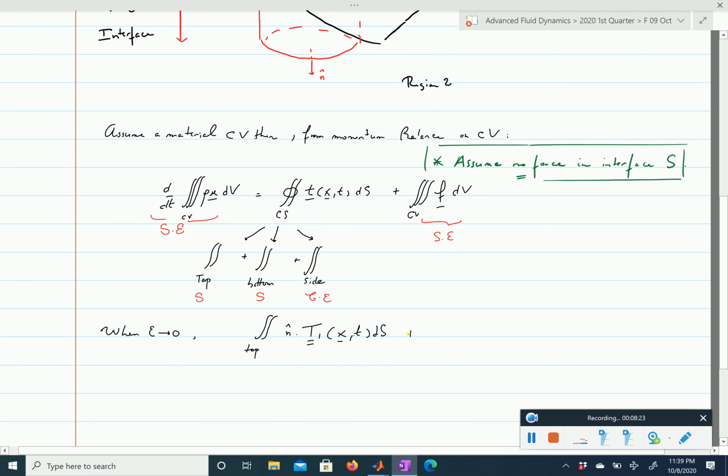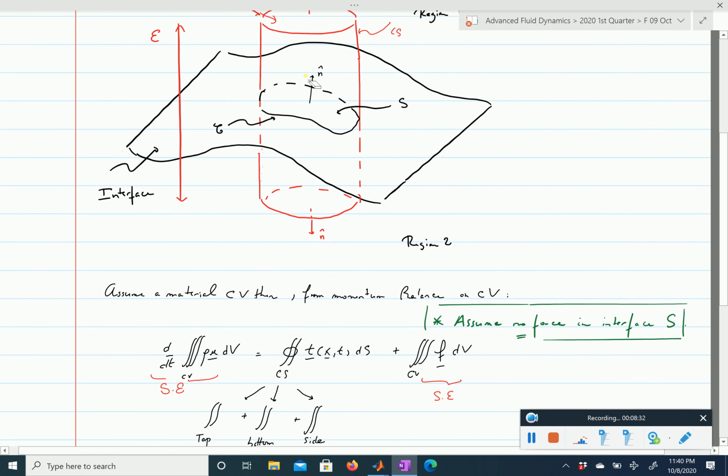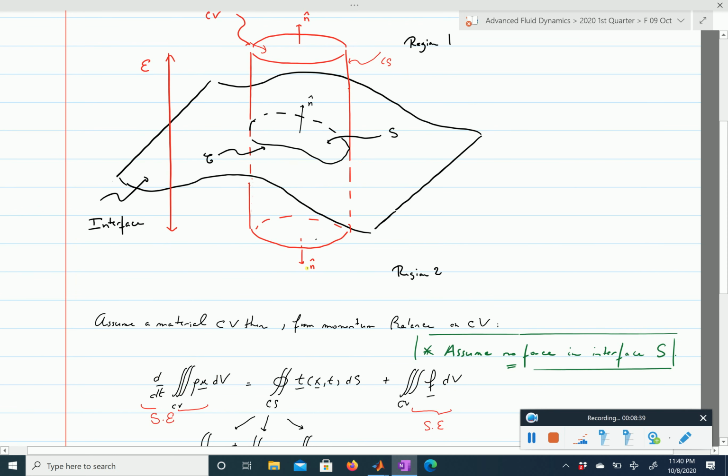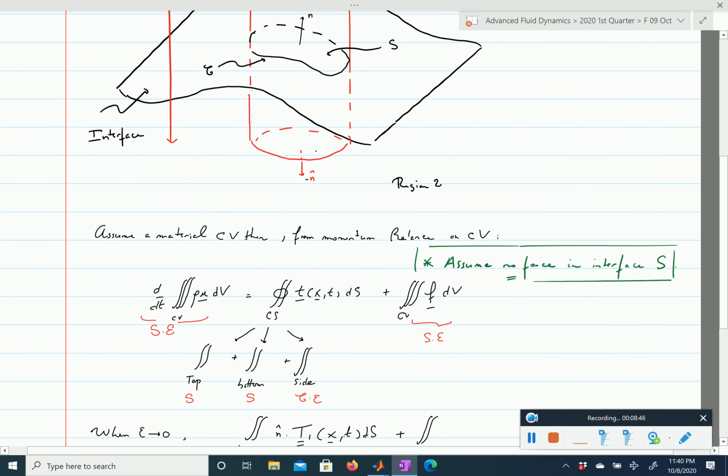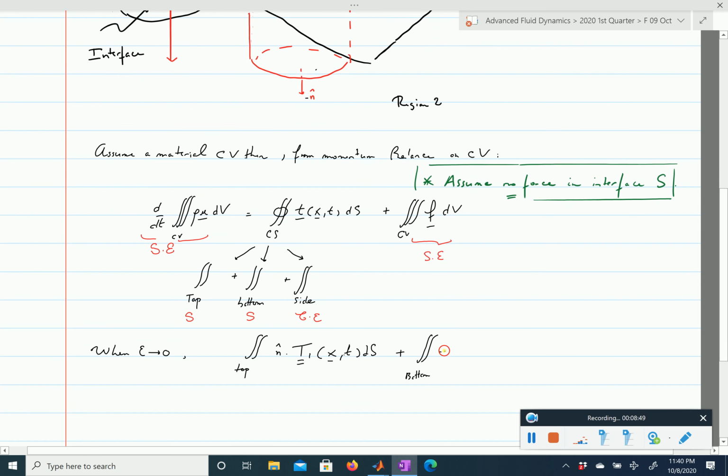plus the integral along the bottom surface of, if I'm now calling n this vector and I want to keep the same notation, when I am in region 2 here, this vector should be minus n. If I'm taking n to be the same vector as here, so this is going to be minus n, and I'm in the second region, so it will be the stress tensor in region 2.